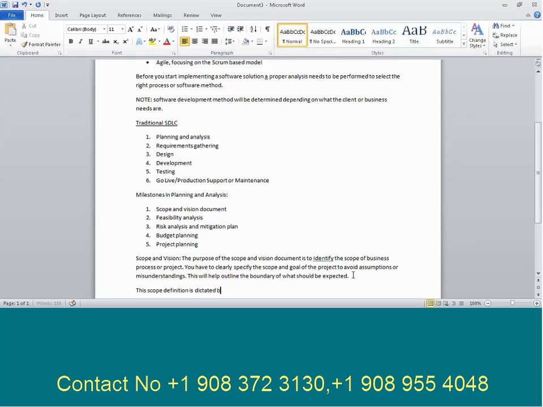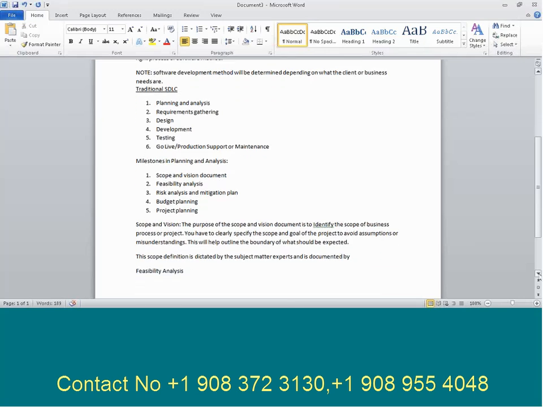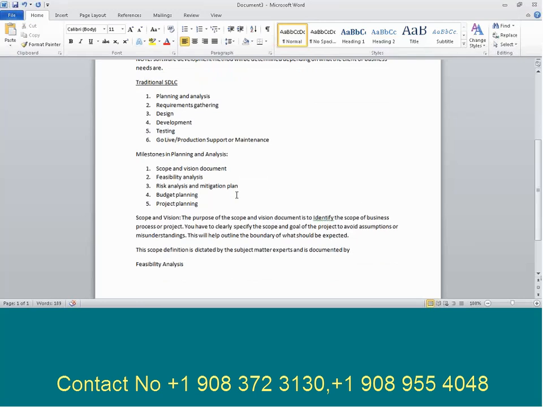Now, question number two. Who is documenting the scope and vision? Depending on the customer and the client location, there could be two possibilities. Number one, I have seen stakeholders or clients who actually document the scope and vision, but it is very likely that as a business analyst, you will also be involved in documenting it.